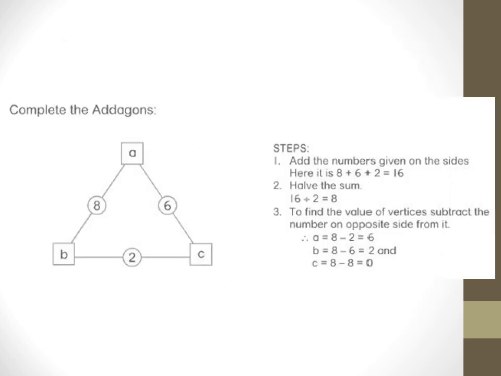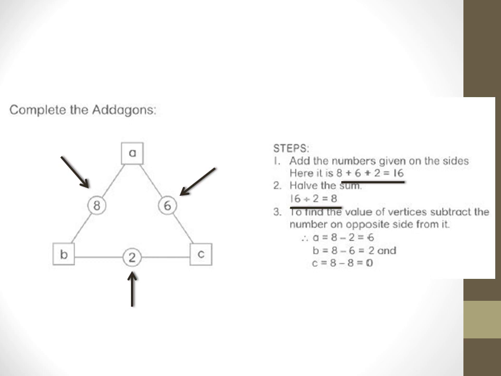See, to complete the adagon, the first step is to add the numbers given on the sides. Here, the numbers are 8 plus 6 plus 2, which will give you 16. The second step will be, we have to divide 16 by 2, which will give you 8.